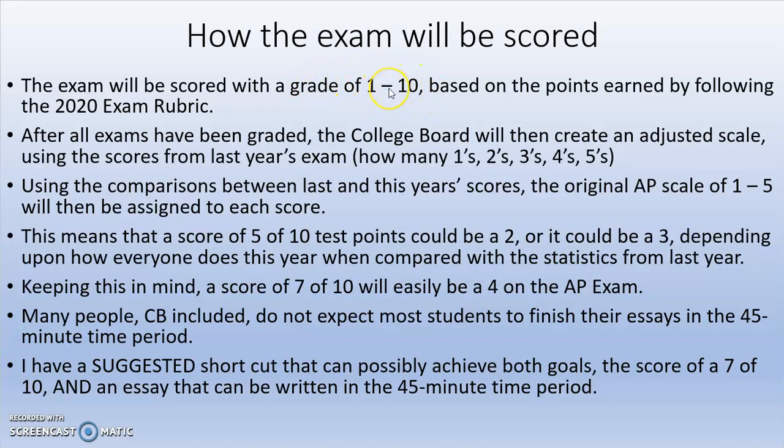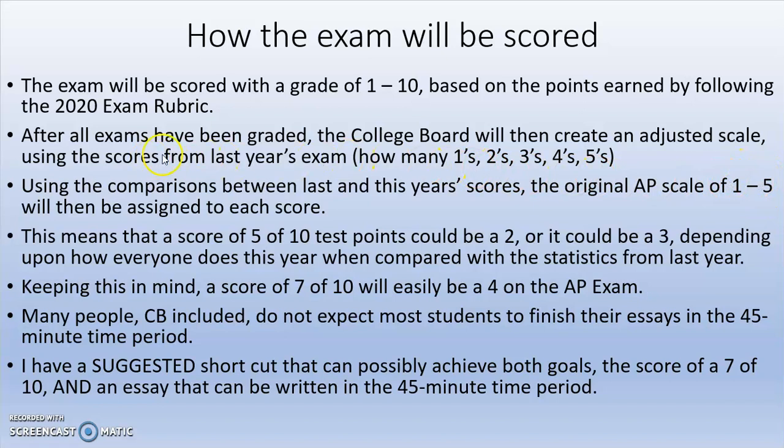Now, what will happen is that because the AP exams are always scored on a scale of 1 to 5, after all the exams have been graded, College Board will go back and create an adjusted scale, basically going back to the traditional scale of 1 to 5.